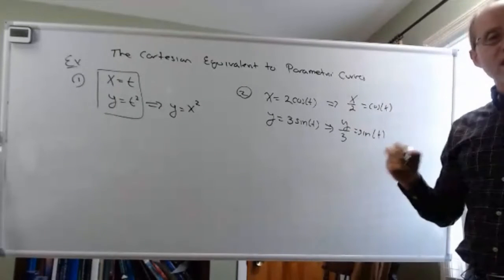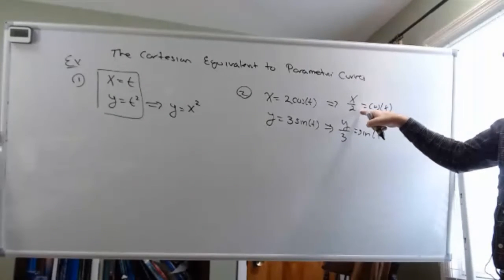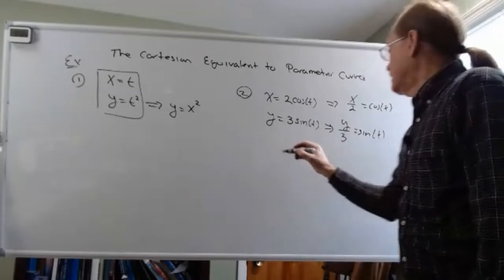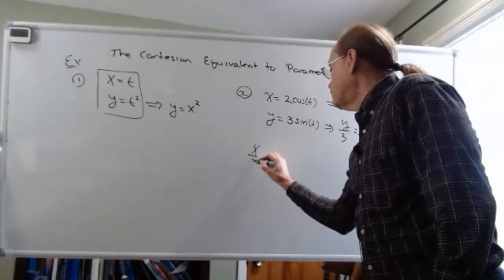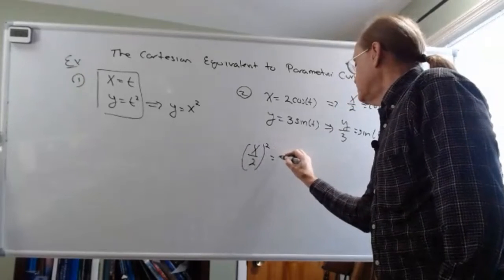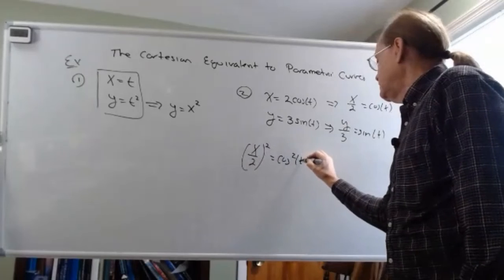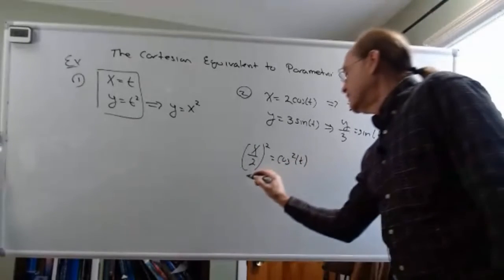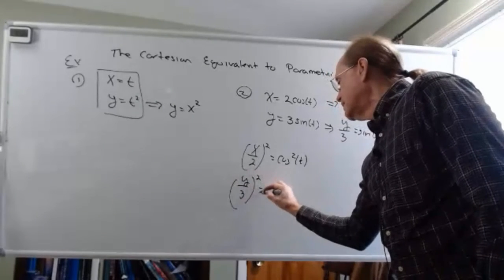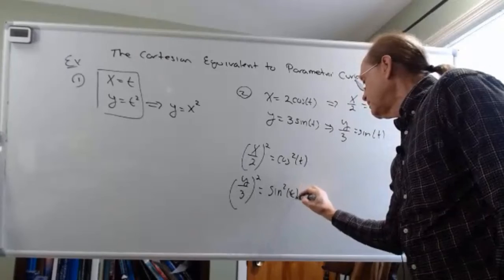This is what you try and do when you have sines and cosines. Let's square that first one and square that one, okay? So I get my x over 2 quantity squared is equal to cosine squared t. Similarly over here I have y over 3 quantity squared is equal to the sine squared of t.